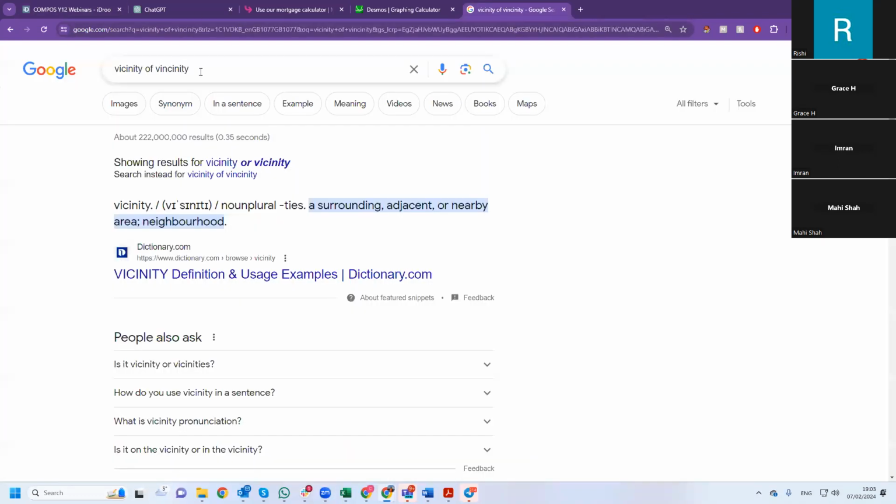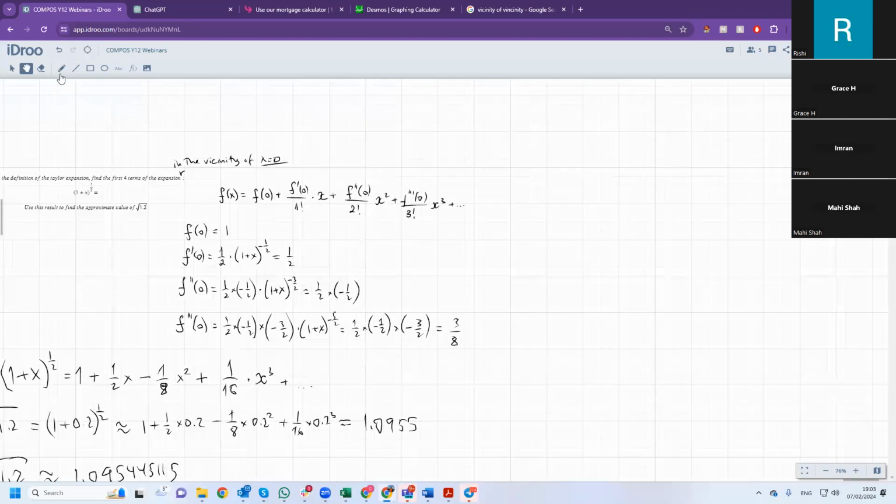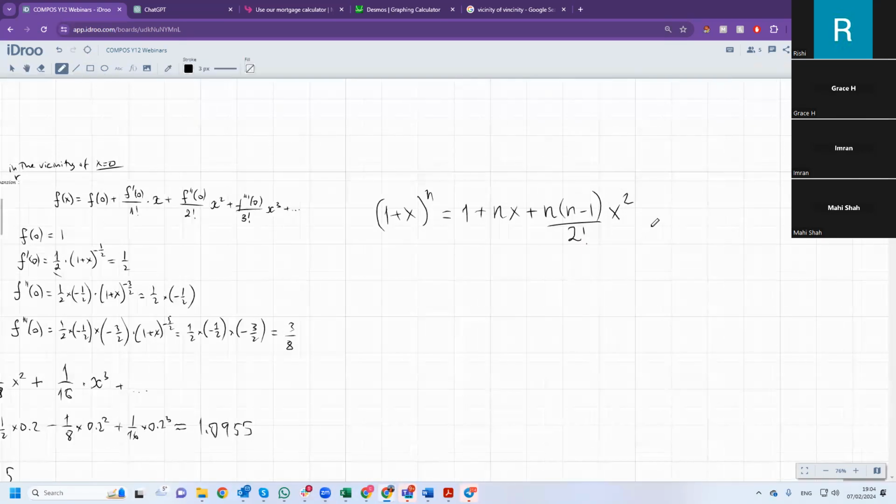If you take the binomial expansion formula, you can realize here that if you have 1 plus x to the power n, it's going to be 1 plus nx, plus n multiplied by n minus 1 over 2 factorial x squared, plus n minus 1 multiplied by n minus 2 over 3 factorial x cubed.